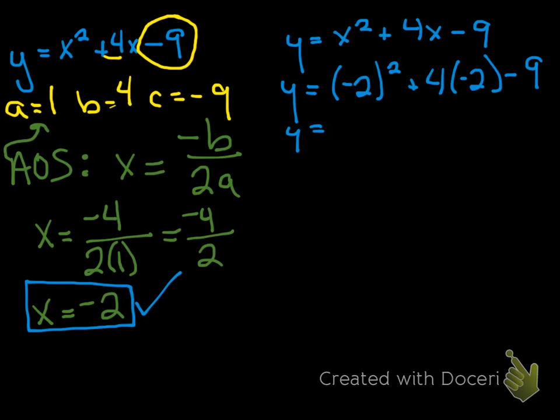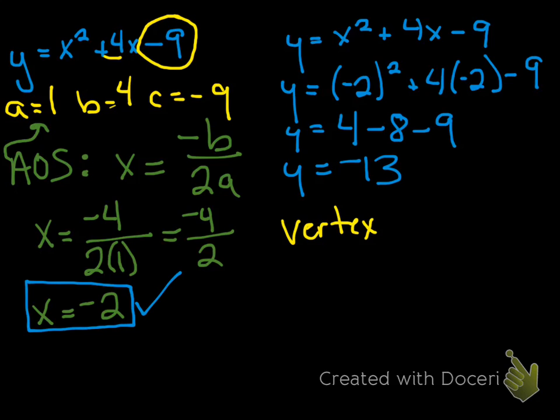Okay, so negative 2 squared is 4. 4 times negative 2 is negative 8, minus 9. So your y is equal to negative 13. Alright, so that means that your vertex, right, your vertex is a point, is (-2, -13).